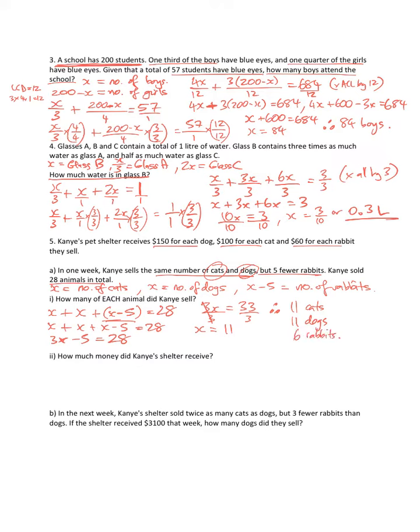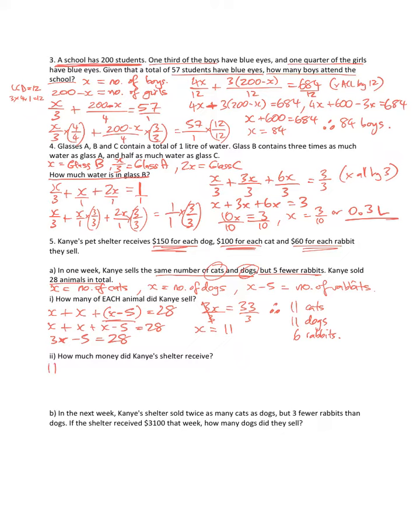How much money did Kanye's shelter receive? So, for this situation, we know 11 cats were sold, 11 dogs were sold, 6 rabbits were sold. We're given the information for how much they're sold for up the top, the first part of the question.